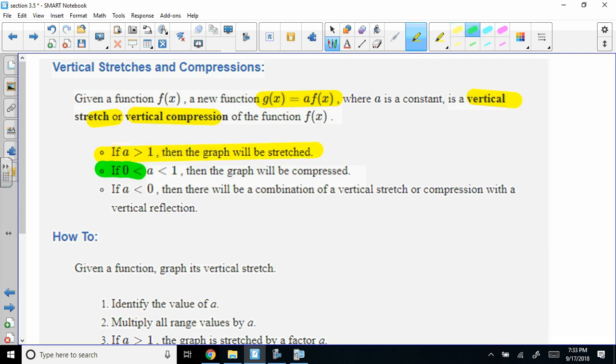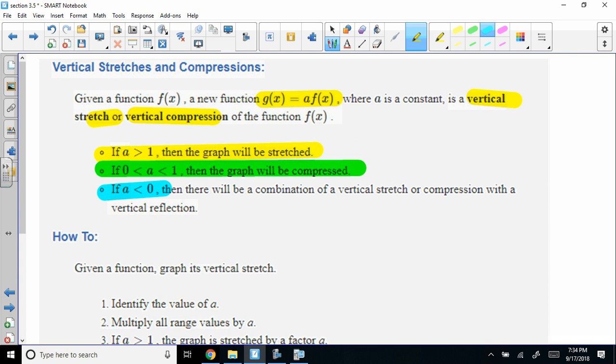If your a is between 0 and 1, it's being what? Compressed. And then, last but not least, if a is less than 0, it's a combination of vertical stretch or compression with a vertical reflection. Now, that will mess you up if you have to think about what's happening to the graph itself when that's all happening. Okay? But we don't have to in this section.